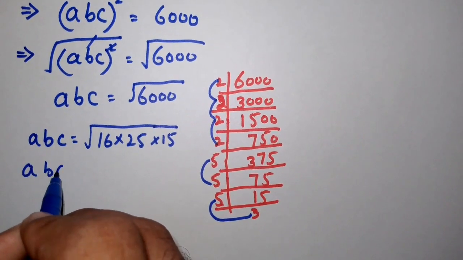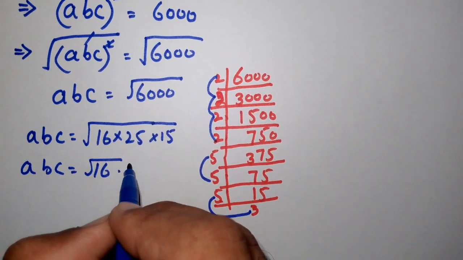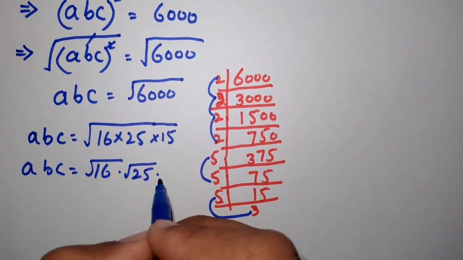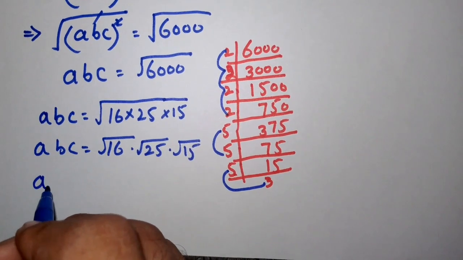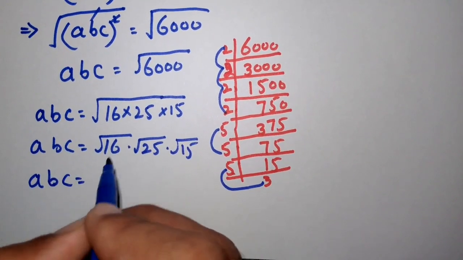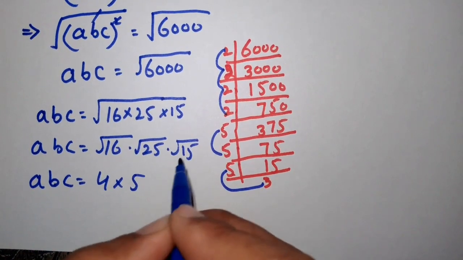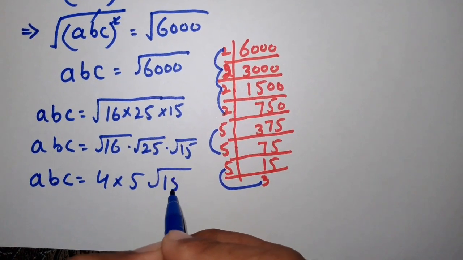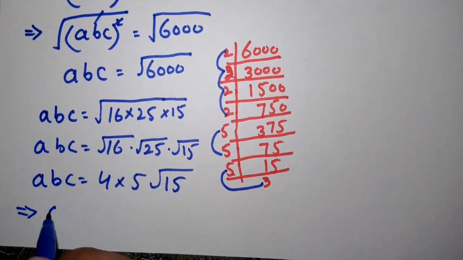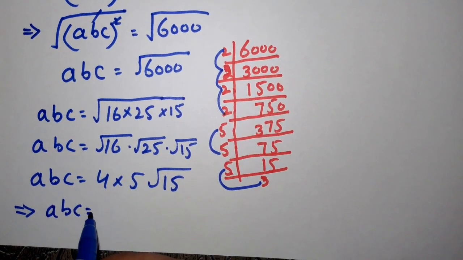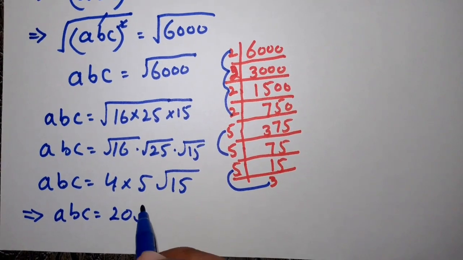ABC is equal to square root of 16 times square root of 25 multiply square root of 15. This will become 4 multiply 5 multiply square root of 15. So ABC is equal to 4 times 5, this will become 20 square root of 15.